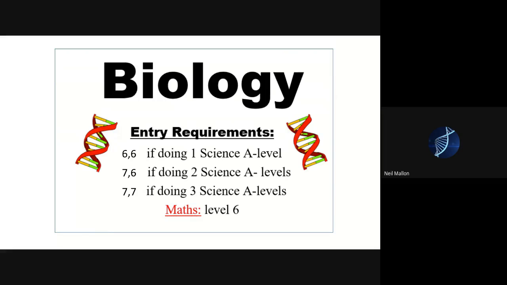If you're deciding to go forward with more than one science, so for example, if you're looking at doing 2 science A-levels, we require at least a 7/6 in your GCSE combined science, as well as a maths level 6. And then furthermore, if you're looking at doing 3 science A-levels, you need to have 2 sevens and the maths at level 6 to be able to do all 3 science at A-level.